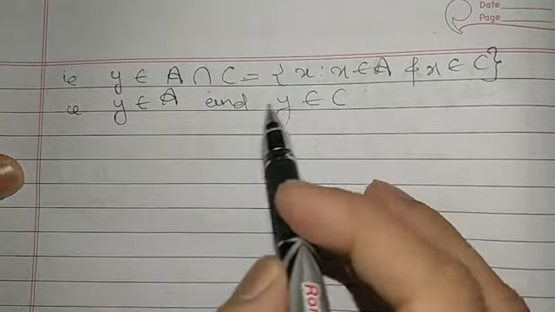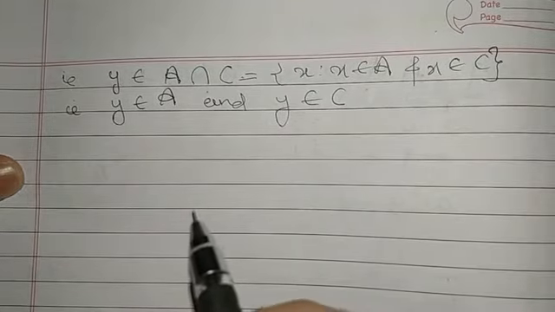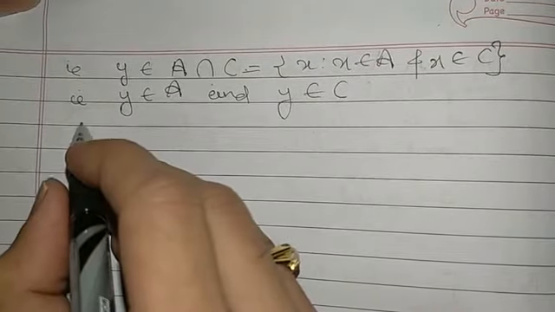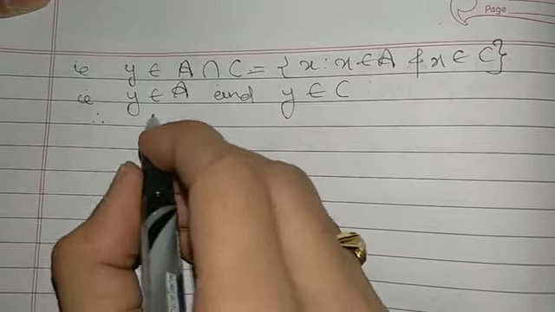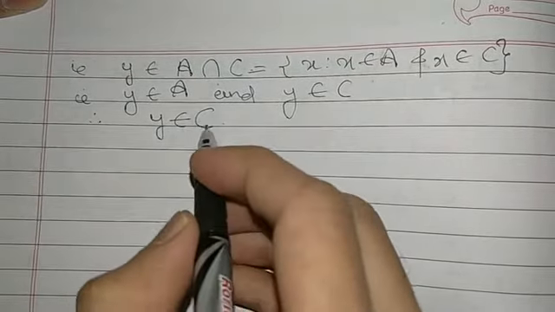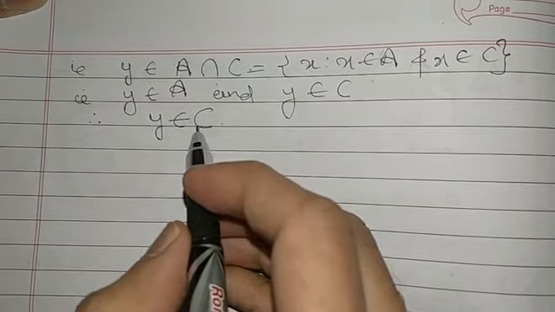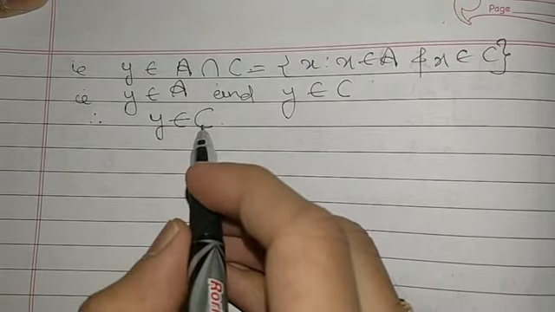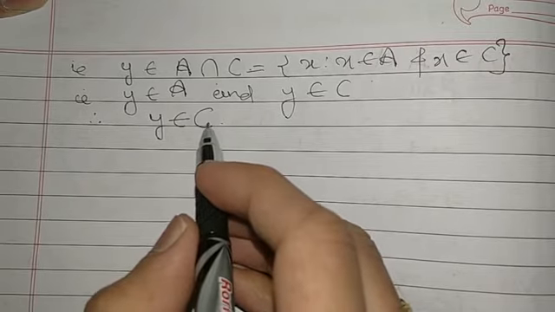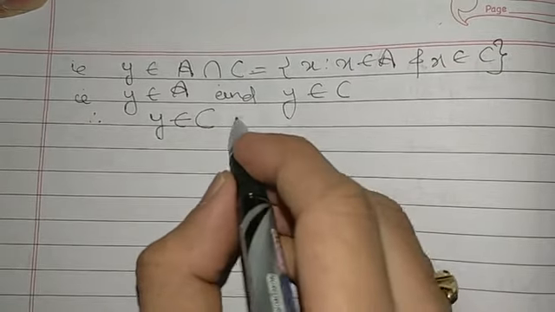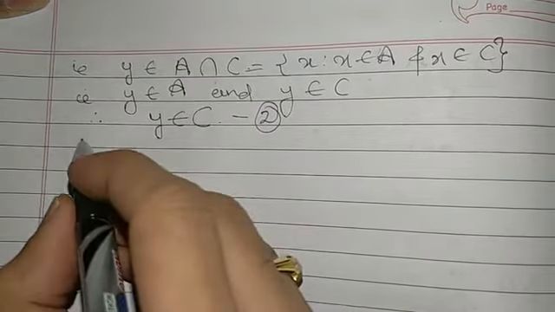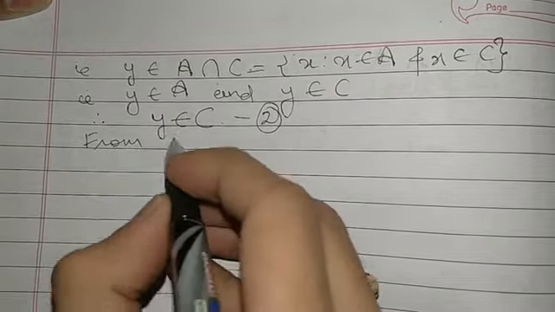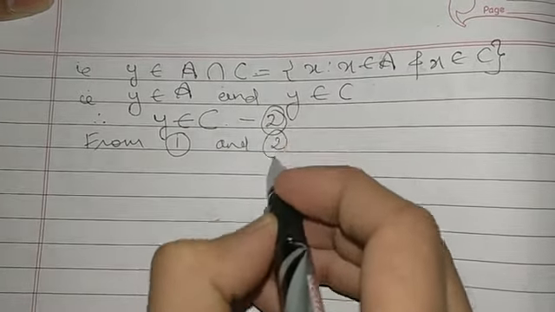So Y will belong to A and Y will belong to C. Therefore, Y belongs to C. That is what we wanted to prove. We have taken an element Y in the set B and we got that the element belongs to the set C. This we can call 2. So from 1 and 2 what do we get? 1 is this.